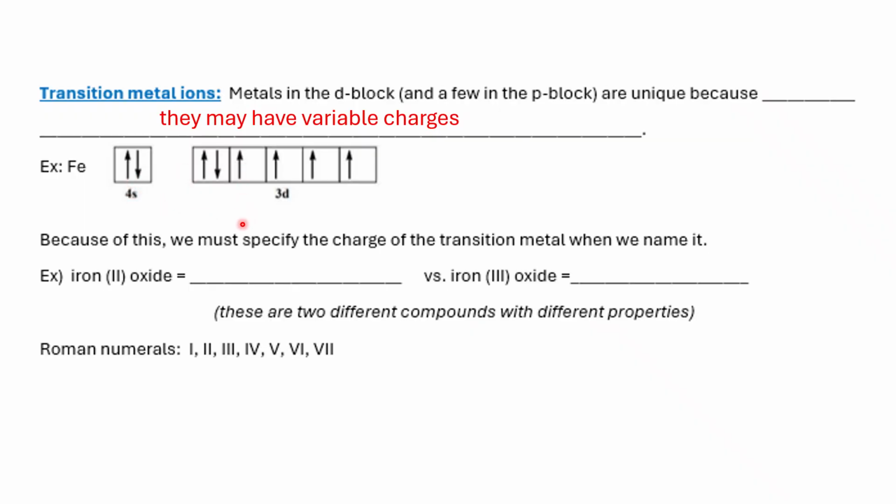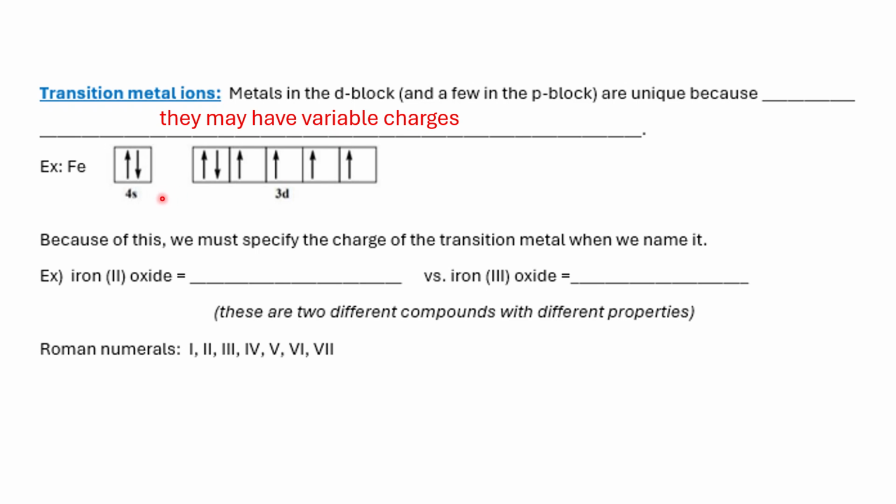So when you have an element like iron that ends in 4s2 3d6, sometimes iron will simply lose its two, what are technically its valence electrons, these 4s electrons, and it will have a +2 charge, because losing 2 electrons would give you a +2 charge.